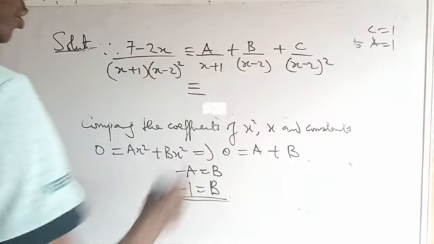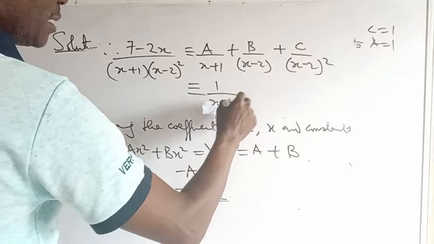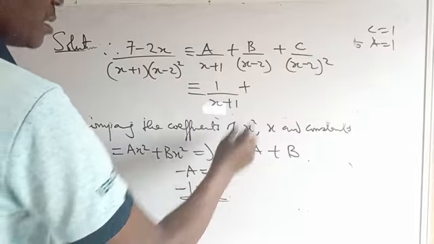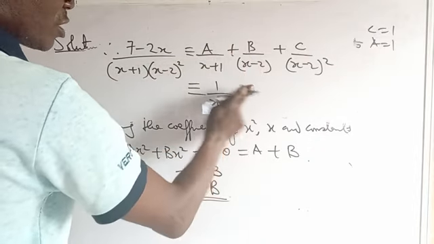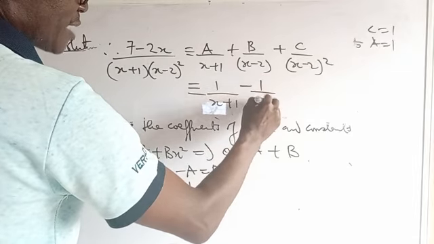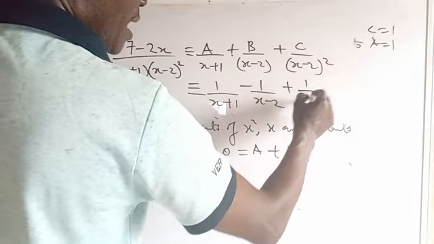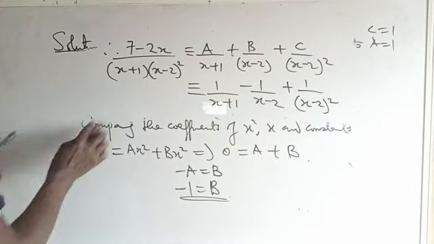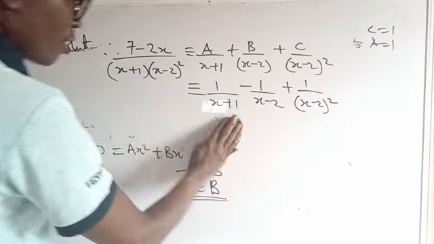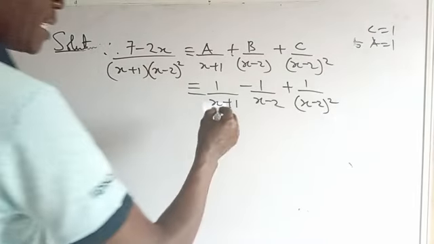This is now equal to our a, which is 1, over x plus 1, plus our b, which is minus 1, over x minus 2, plus our c, which is 1, over x minus 2 all squared. So that is the resolved fraction. That's the answer.